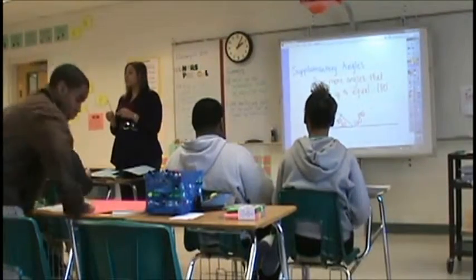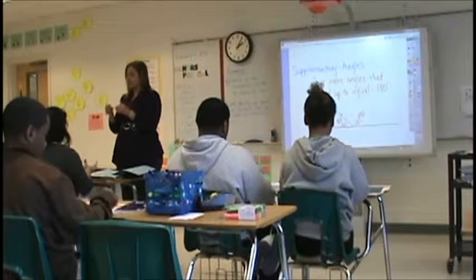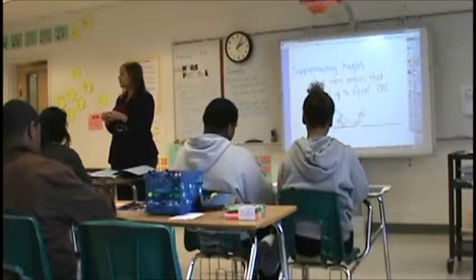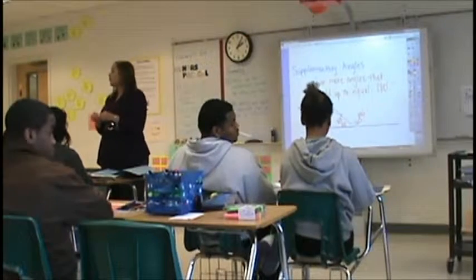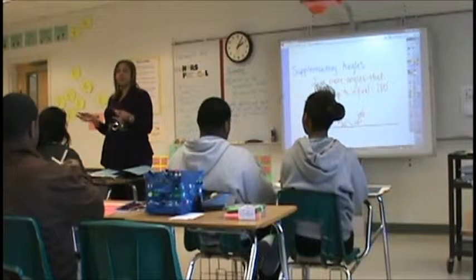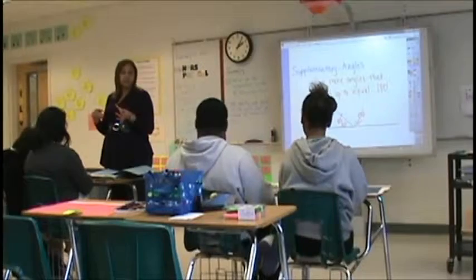Create some angles that we talked about. Whichever one you want to use. You can mix and match them together if you like. You can cut the straws, make them shorter, whatever you like. So model for me what vertical angles look like, or model for me what complementary angles look like, or supplementary angles, okay? I want two of them.